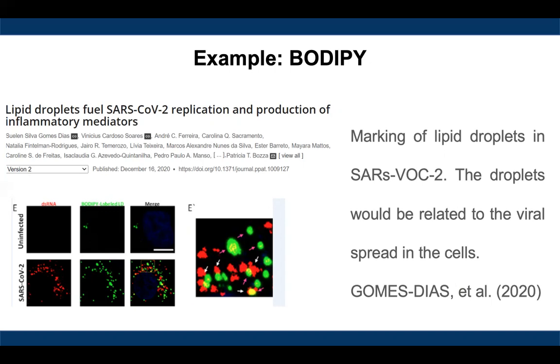Well, they demonstrate the essential role of lipid metabolic reprogramming and lipid droplet formation in SARS-CoV-2 replication and pathogenesis, opening new opportunities for therapeutic strategies against COVID-19. Well, in this situation here, BODIPY was used to label lipid droplets, which were analyzed by immunofluorescence assay.